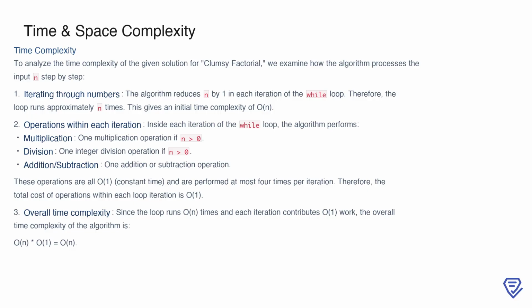Each of these operations takes constant time, or O(1). Importantly, even though some operations are conditional, their frequency is limited to a maximum of 4 per iteration. As a result, the contribution of operations within a single iteration remains O(1). Combining this with the loop running O(n) times, the overall time complexity of the algorithm can be expressed as O(n) times O(1), which simplifies to O(n).